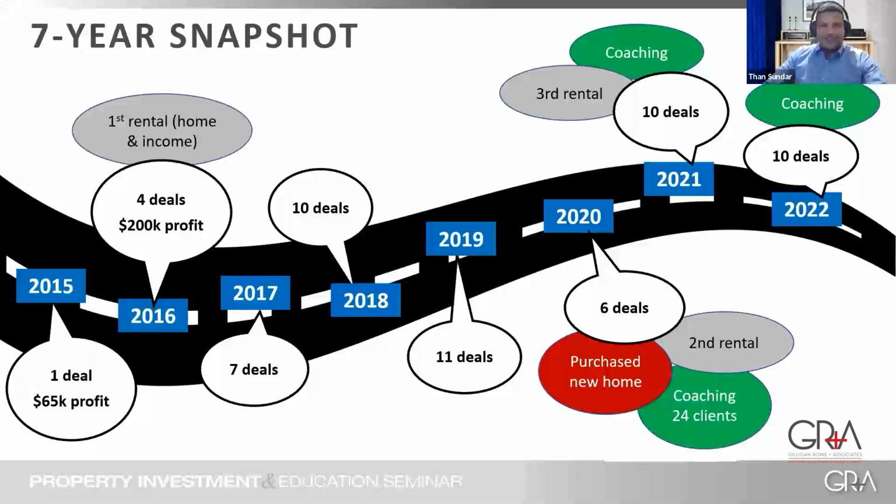Ideally, it was meant to be a trade, but it was too nice of a house and I wanted to hang on to it, and I bought another property in South Auckland. And then I got involved with looking after clients back in 2020. That went fast. And ever since, I've been helping clients and also being active in the market.